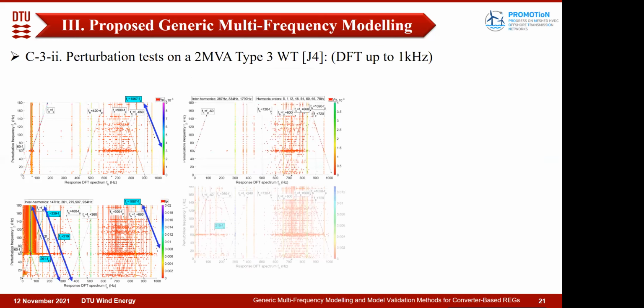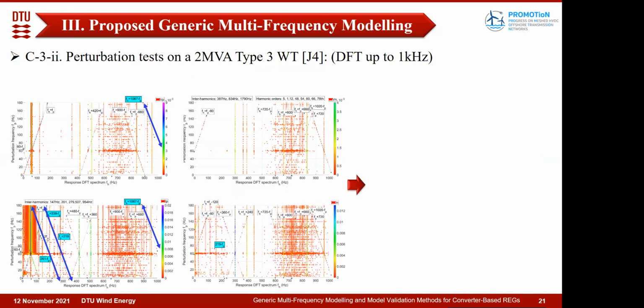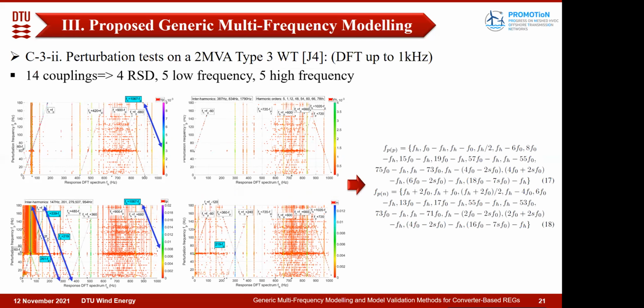Yeah, these lines are rotor speed dependent. Similarly, we can do the same for negative sequence current and voltage. And then we have observed 14 couplings in this result: 4 of them are rotor speed dependent, 5 in the low frequency range, and 5 in the high frequency range. So together there will be 14 couplings.